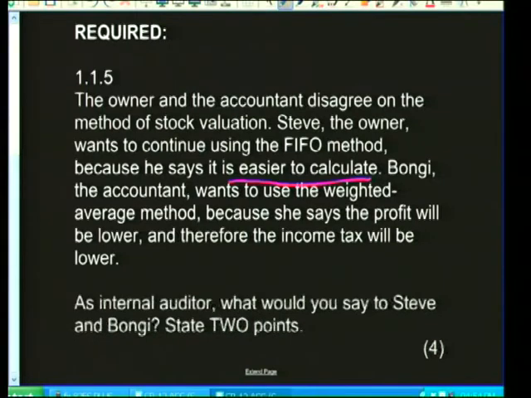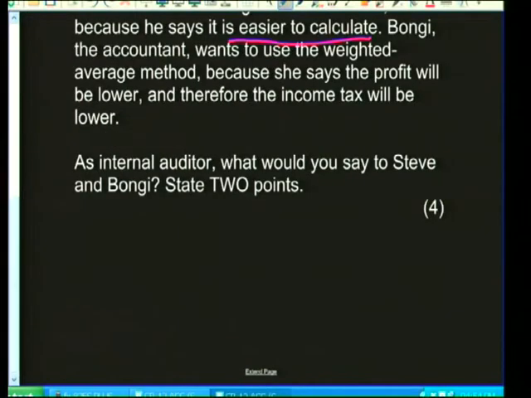Now, the question is asking you, as the internal auditor, to say what you would say to Steve and Bongi. In other words, who is right? Is Steve right? Is Bongi right? Which of the two methods should be used? You have to read the question carefully, and you'll see that we have to state 2 points.